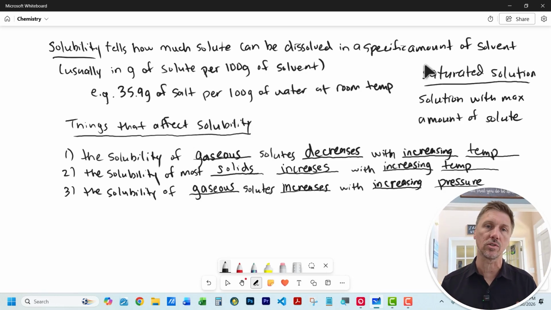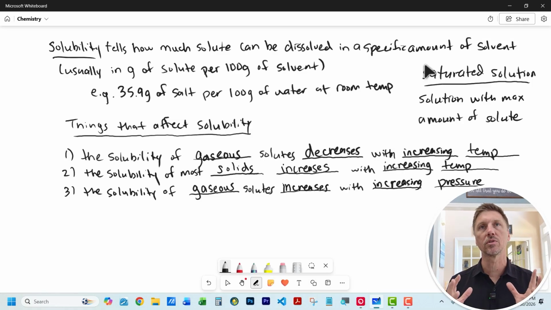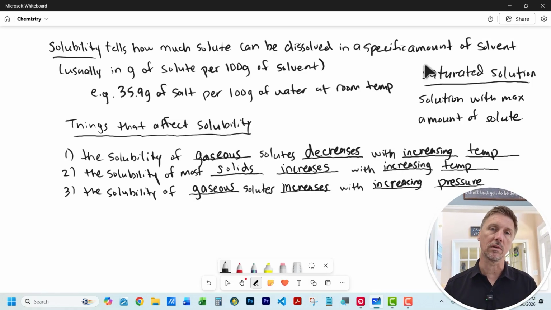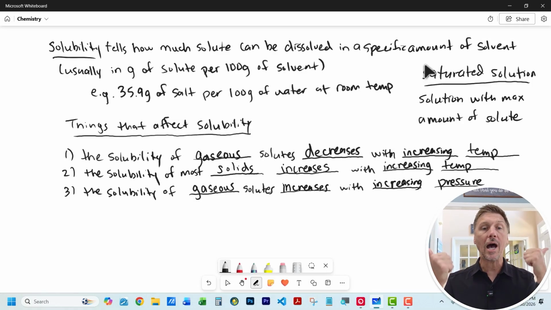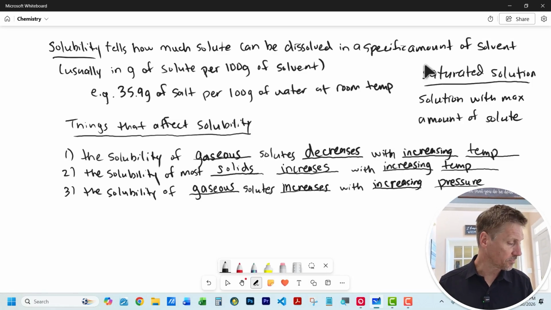You've decreased the pressure in that system, and you know it's just going to be a matter of time that those bubbles are going to disappear, right? The bubbles are going to be less soluble in that liquid. They're going to escape. They're not going to stay mixed in, and your soft drink's going to get flat. So when pressure's high, the solubility of the gaseous solute will increase.